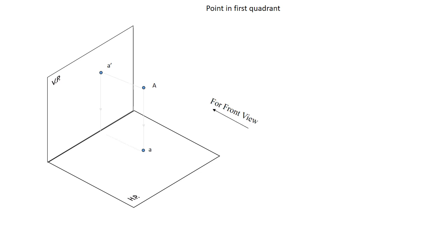Observer is always in this fashion, that's why we draw front view by seeing in this direction. Top view is drawn by seeing from the top direction. If we want to convert this pictorial or three-dimensional representation into orthographic projection or two-dimensional projection, for doing so we are going to rotate this horizontal plane 90° clockwise.